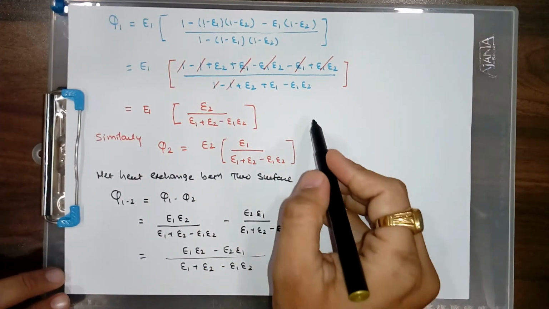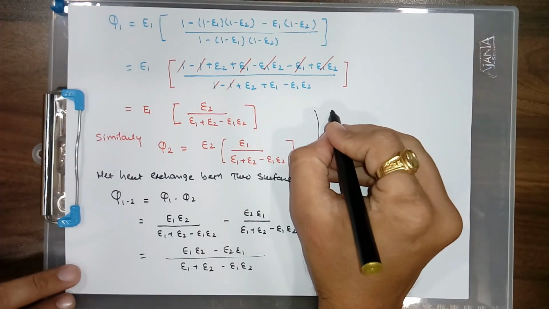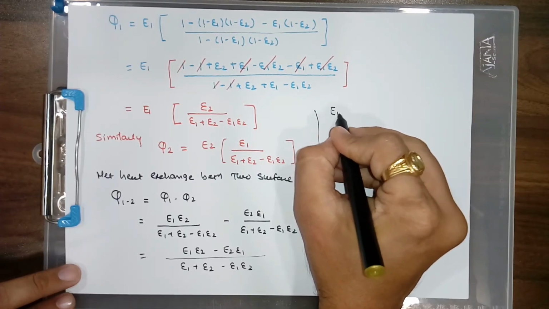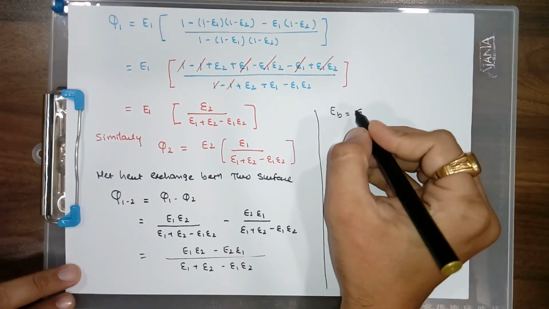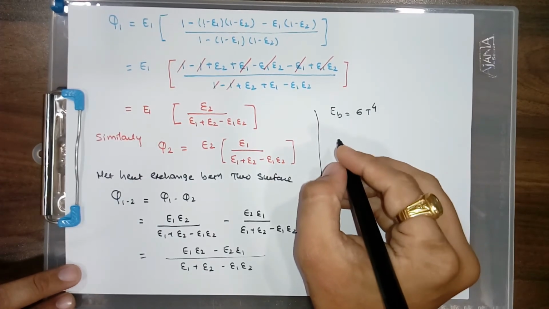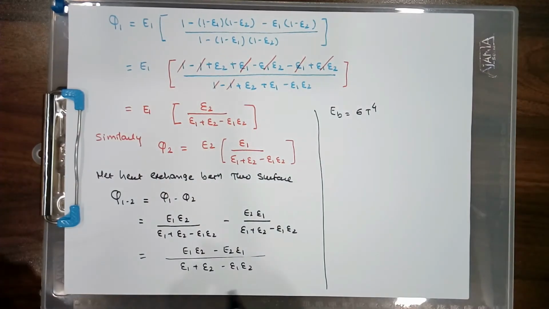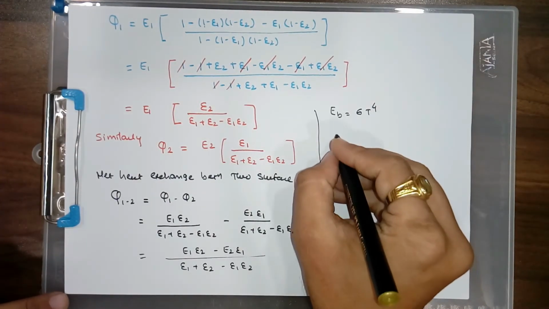Now I know the Stefan-Boltzmann law. So Stefan-Boltzmann's law is Eb equals sigma into T to the power 4. This is for black surfaces, but here in this case we are analyzing non-black surfaces.